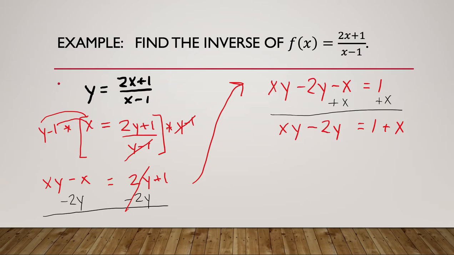The third thing I want to do is look at the left-hand side, and I want to factor a y out of both of those terms. I'm going to leave the right-hand side as it is, but on the left-hand side, I'm going to factor the y out. So when I take a y out of xy, that just leaves me an x. When I take a y out of negative 2y, that leaves me a negative 2.